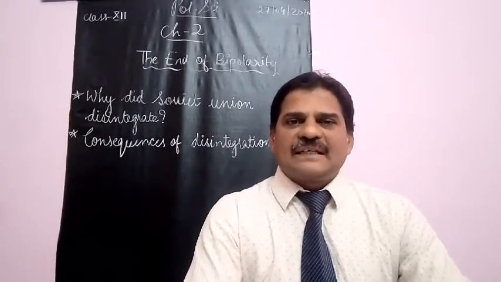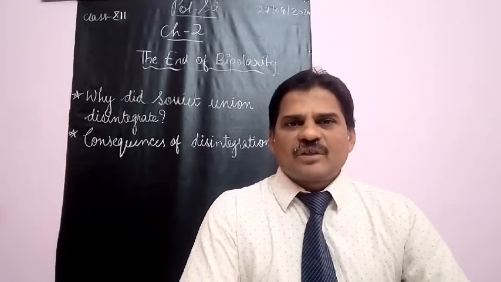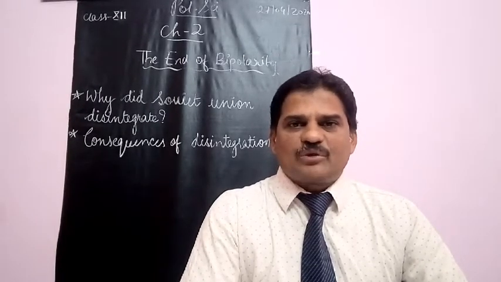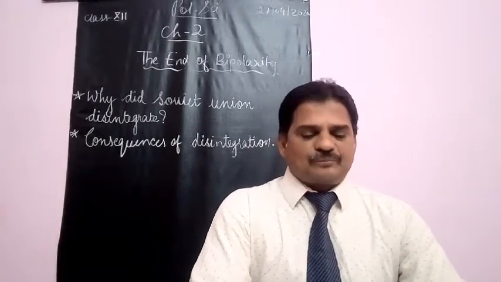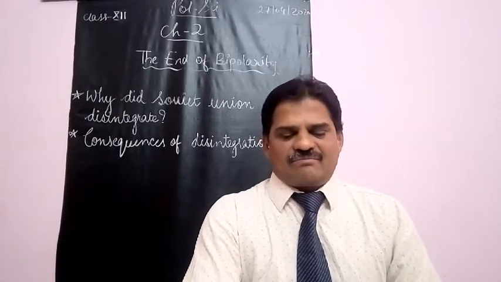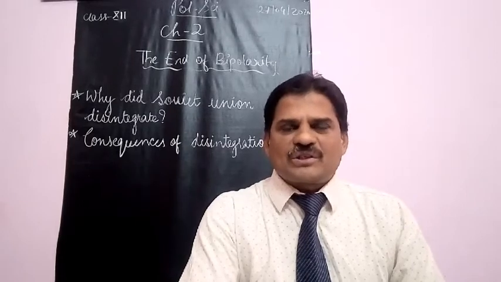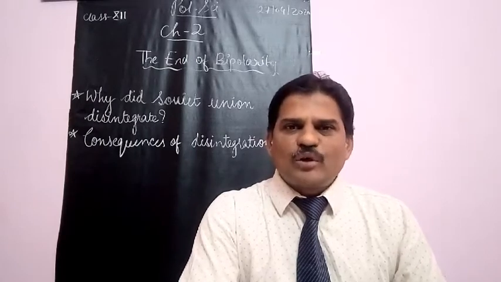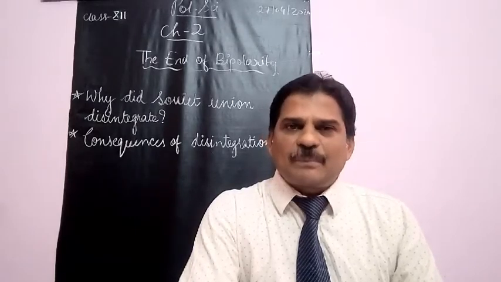Already we studied it was disintegrated in 1991, and with the disintegration the Cold War came to an end, or the Soviet bloc or the communist bloc, the second bloc of the world, came to an end. So students, why did the Soviet Union disintegrate? The simple answer is the internal weaknesses of Soviet political and economic institutions, which failed to meet the aspirations of the people.